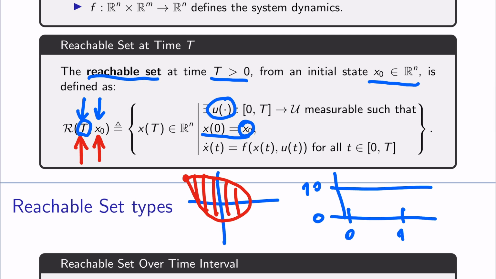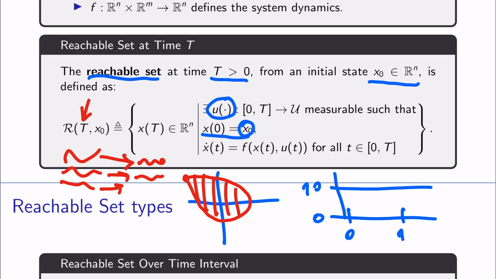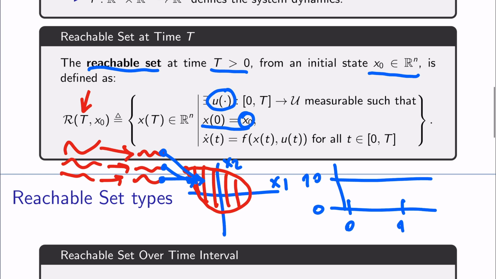Also notice there's a distinction: you have a bunch of input signals, you apply these signals to the system, look at the states, get the final points, and map them to the state space, say x1, x2.